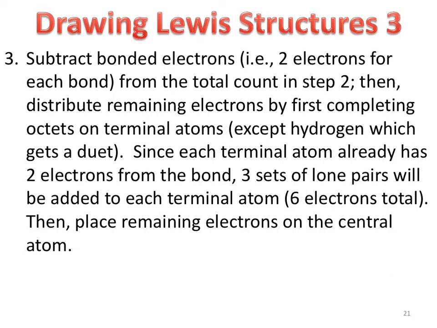And then we will place any remaining electrons on the central atom. Note that each peripheral atom, because it already has one bond, will get 3 sets of lone pairs for a total of 6 electrons each, making sure that your accounting is well taken care of. When we do this, we will start with the peripheral atoms, and then we'll go to the central atom if necessary.